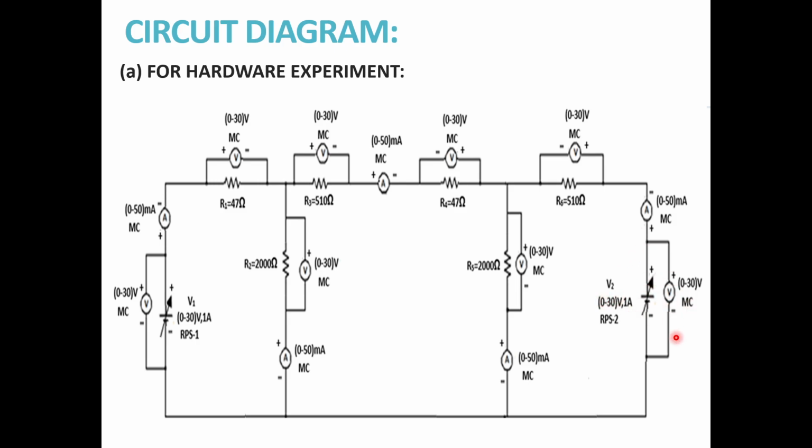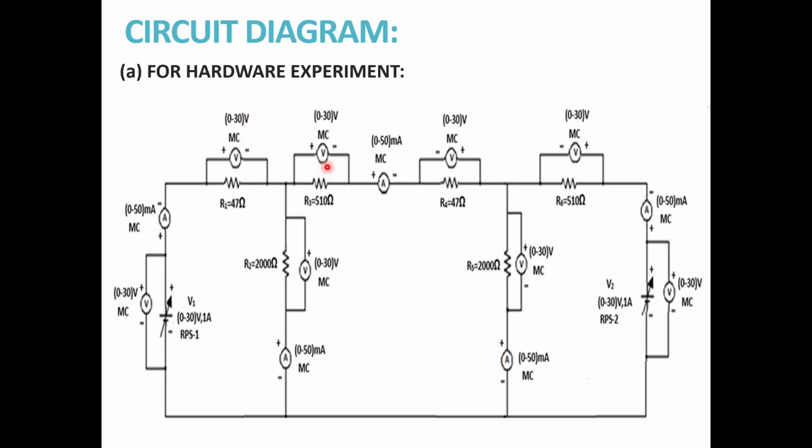Across RPS2 connect a voltmeter to measure the voltage. Similarly across RPS1 connect voltmeter of range 0 to 30 volts MC type. Okay, and across each resistor, across this 47 ohms, connect a voltmeter of 0 to 30 volts MC type.